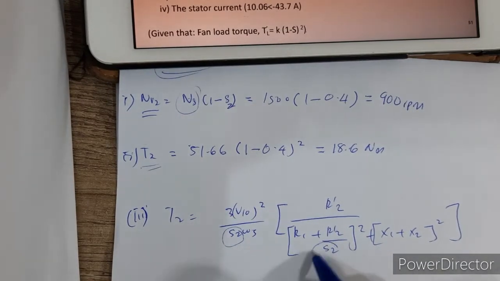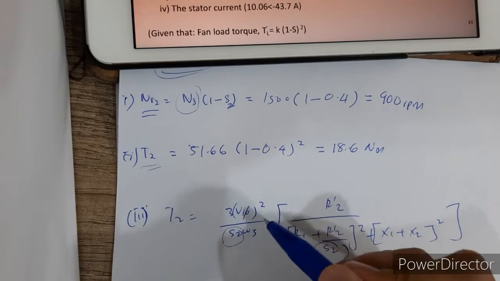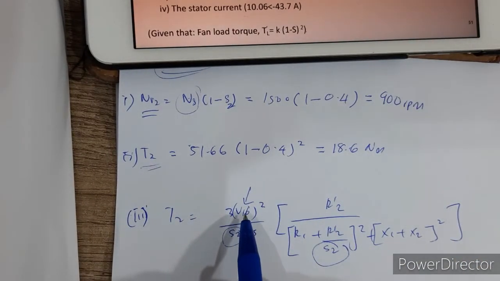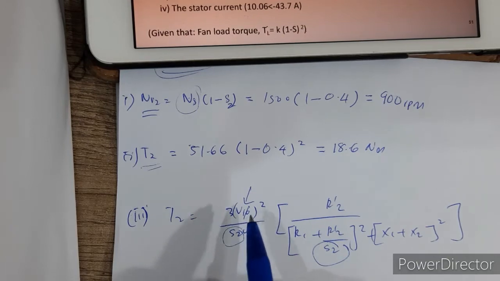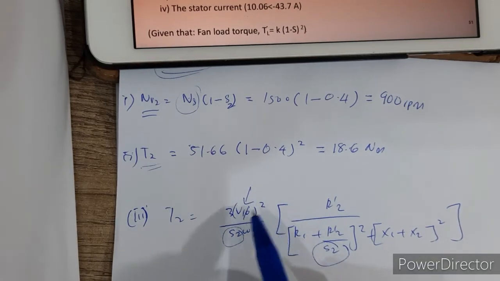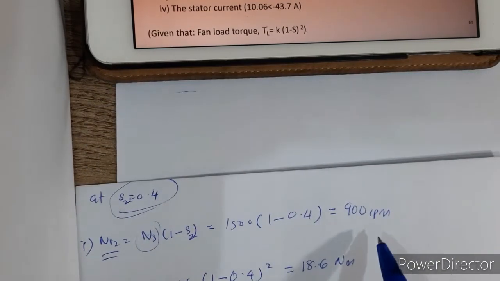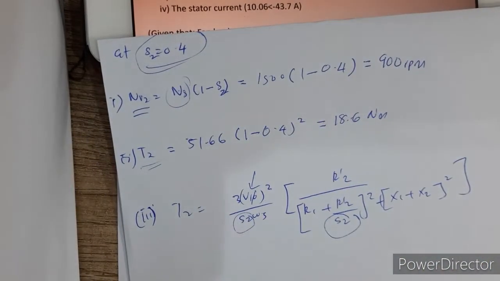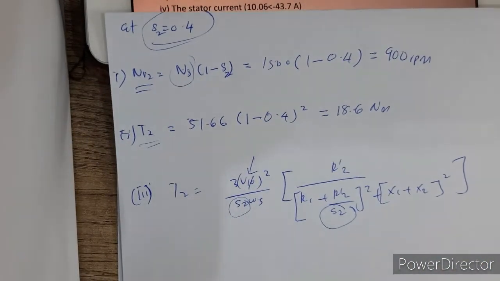What we want to determine is this supply voltage, because this method is controlling supply voltage. So we want to know the value of V supply when the speed is 900 rpm. So you can substitute all these values.